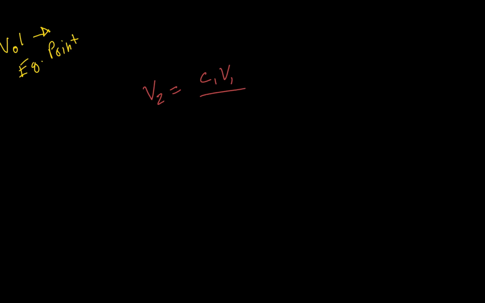M1V1 divided by the second concentration, just like that. And so we'll do the RbOH one here. That's times 25 milliliters of that. And we'll divide this by the concentration of our titrant, which is 0.11 molar.